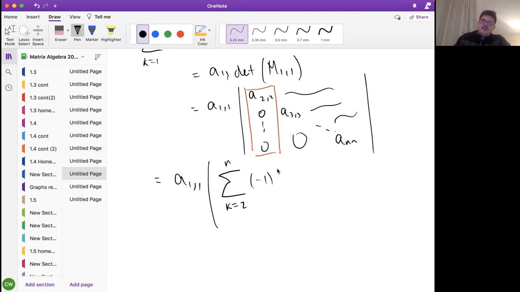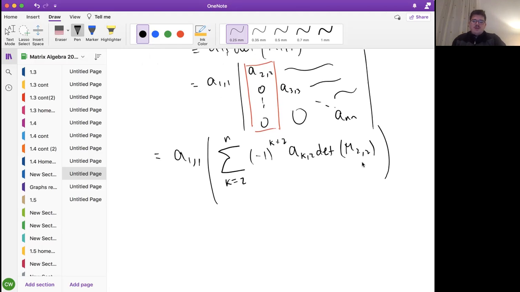And then (-1)^(k+2) and A_k2 determinant of M22. I'm going to keep the notation from before so you don't get confused.